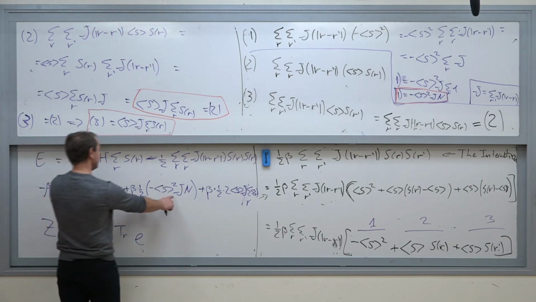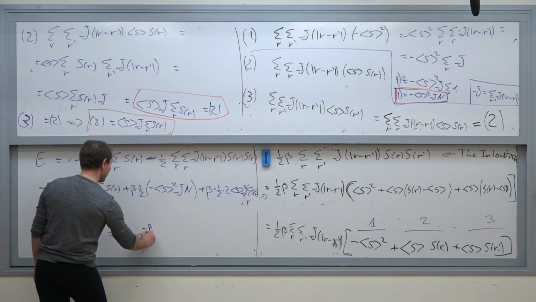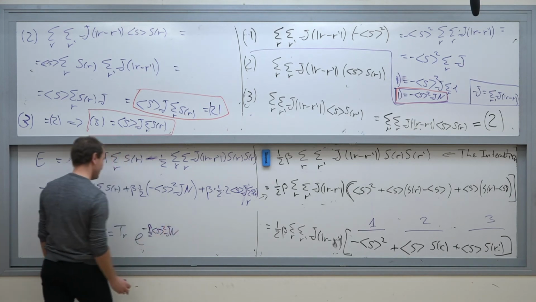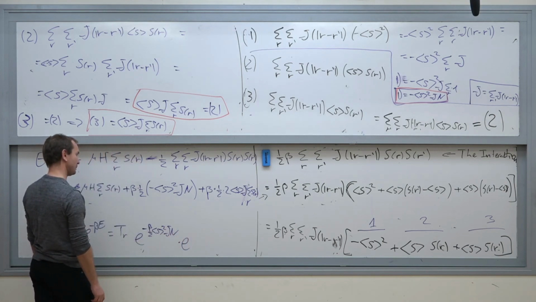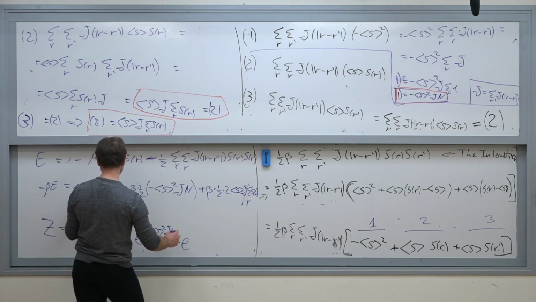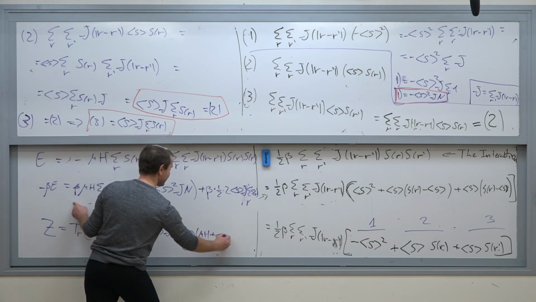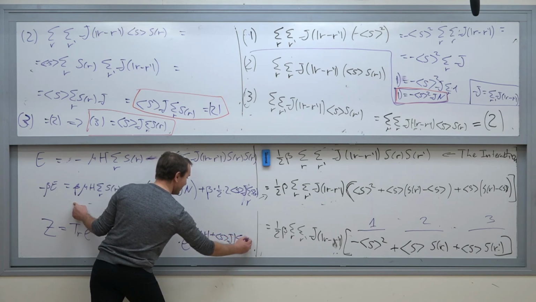So this guy is constant, let's take him out: minus beta over 2 s average squared j n, multiplied by e to the power of, let's take everything into account, beta, and here we have mu h plus average s j multiplied by a sum of r s of r.